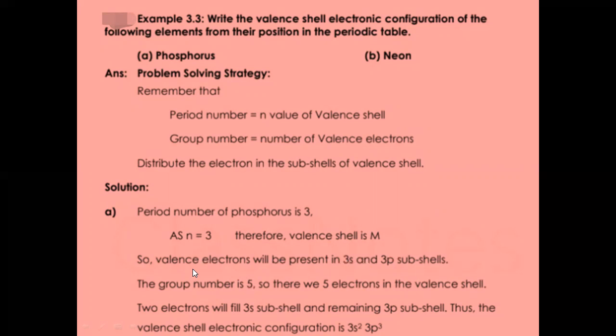The group number is 5, so there are 5 electrons in the outermost shell, and from this information we can write the electronic configuration of phosphorus as 3s2 3p3. 3 is the period number, and 2 plus 3, 5 electrons, is the group number.